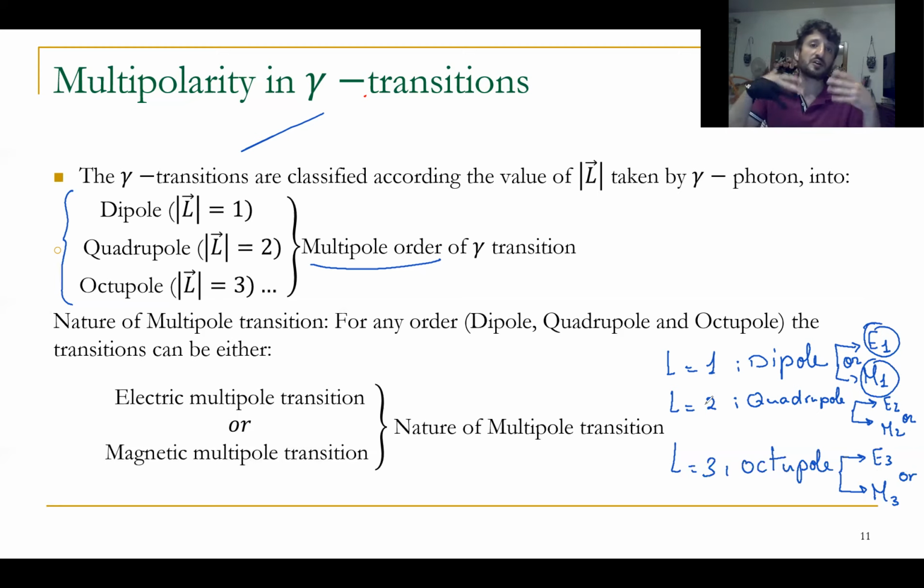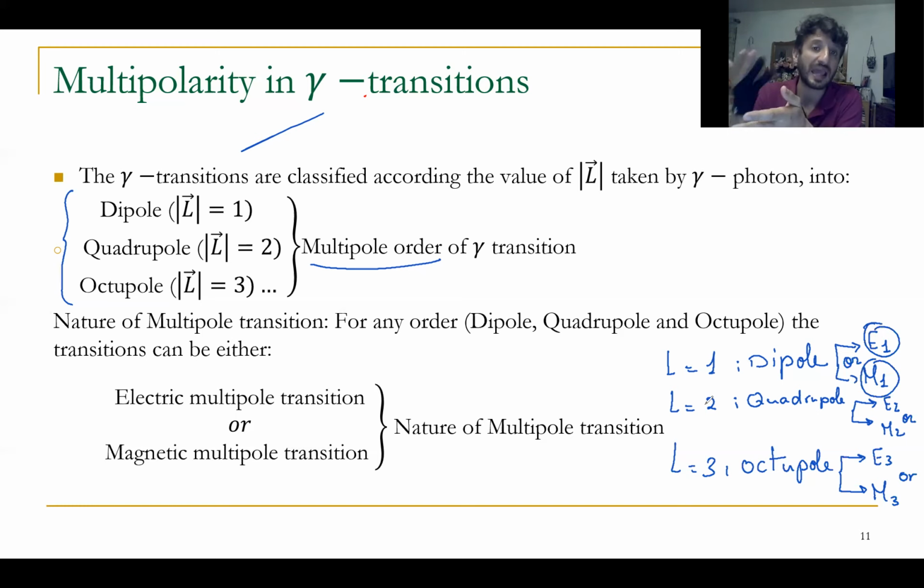So here, to classify gamma transitions, we have to find the multipole order L, and we have to find the nature of this multipole order, electric or magnetic. This is, in general, a very important point of this chapter.